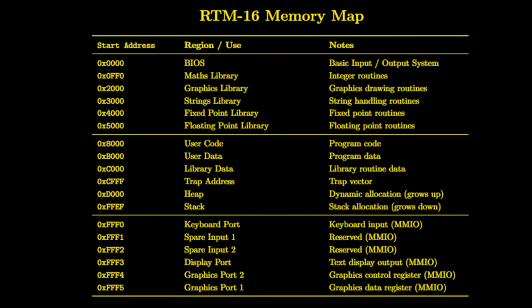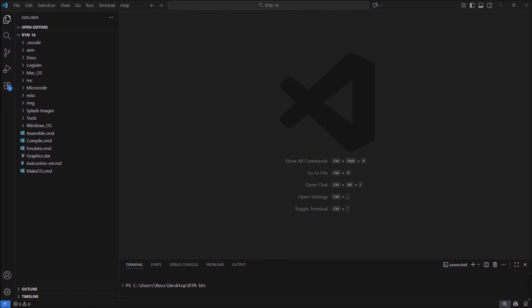So whenever we try to access these memory locations, we're actually accessing those pieces of hardware within our motherboard. So we've seen that in a previous course. So that's the setup for our memory map.